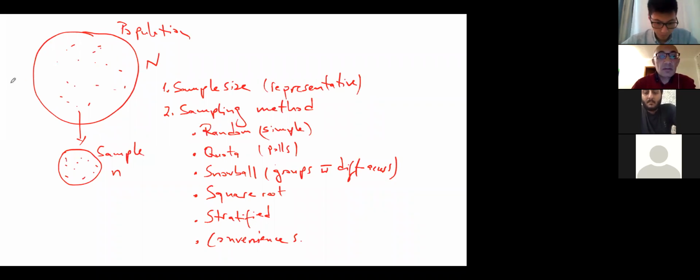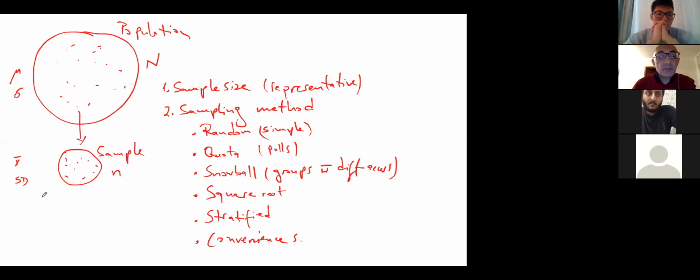There is a mean of the population and standard deviation of the population, which is not exactly the same when we take the sample. The sample mean shown by X bar, and the standard deviation, are not exactly the same. They may differ a little bit depending on your sample size and also the method of your sampling.